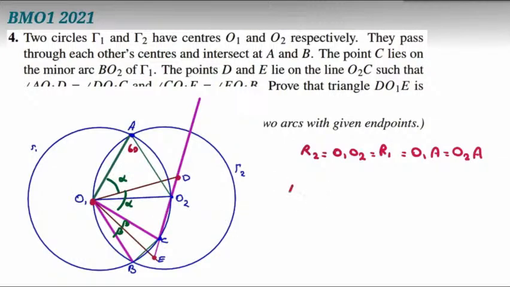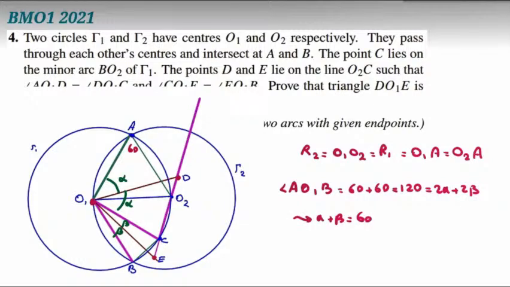So we can say AO1B equal to 60 plus 60, which is 120. And also it is equal to 2 alpha plus 2 beta. So we conclude alpha plus beta equal to 60 degrees. So this angle is alpha plus beta. So the first angle we proved, DO1E equal to 60 degrees. It was the first one.